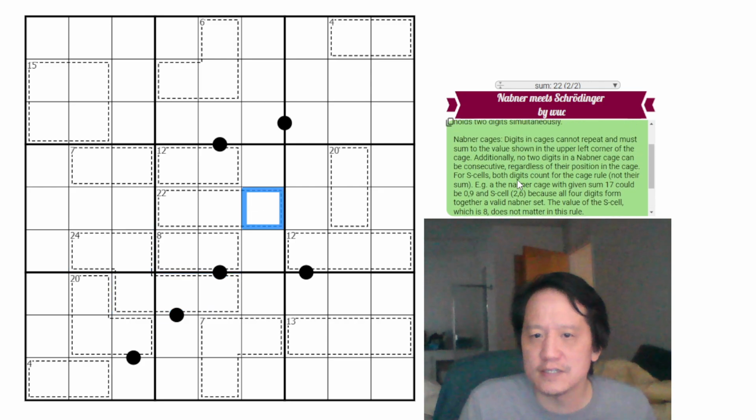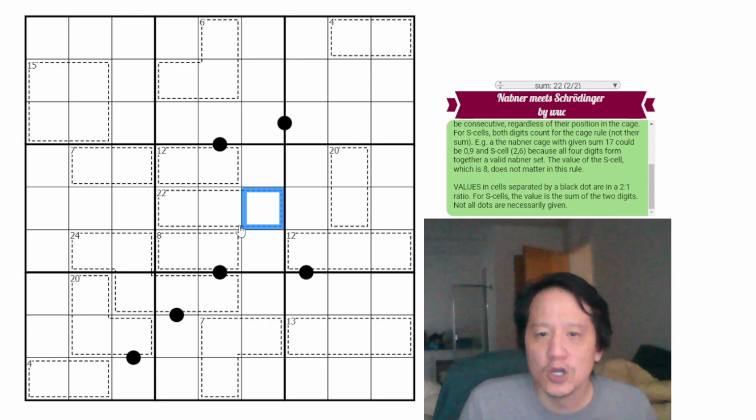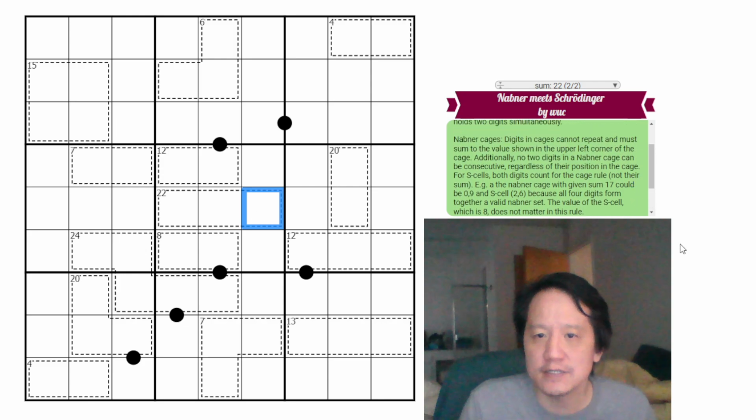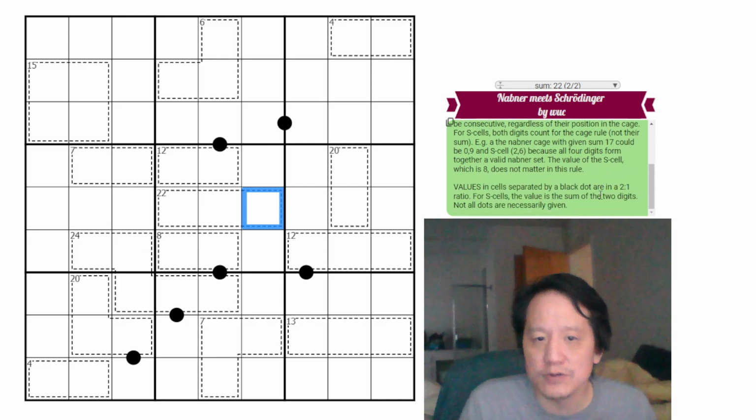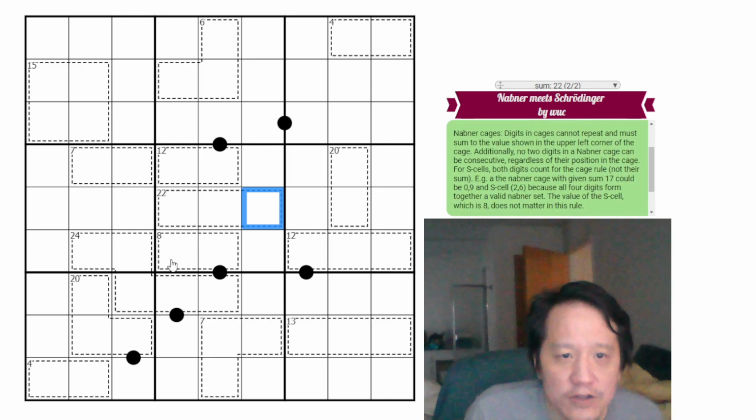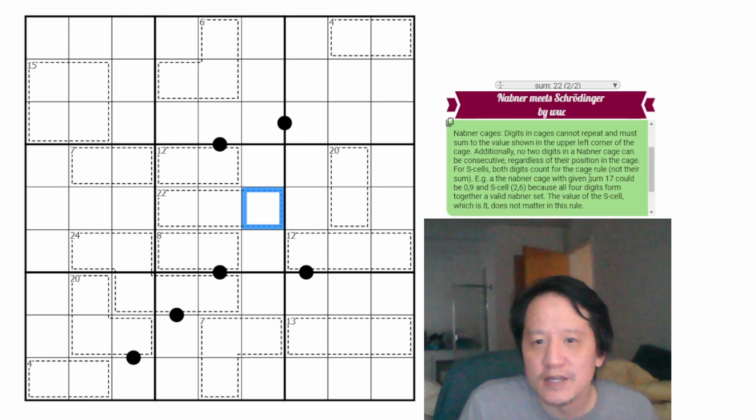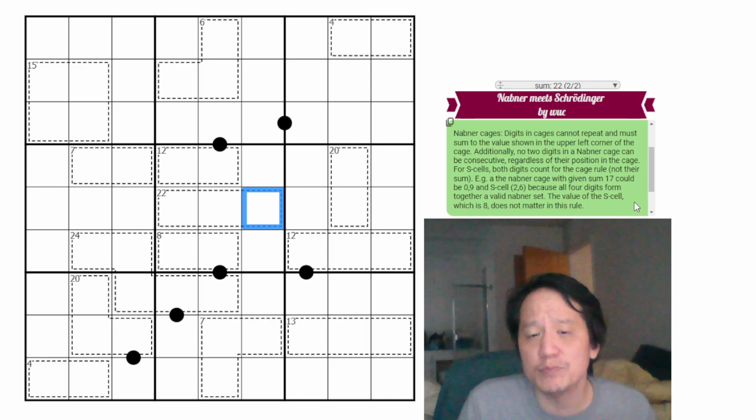Okay, so for S cells, Schrödinger cells, both digits count for the cage rule, not their sum. That is, the Nabner cage with given sum 17 could be 0, 9, and an S cell 2, 6, because all 4 digits form together a valid Nabner set.